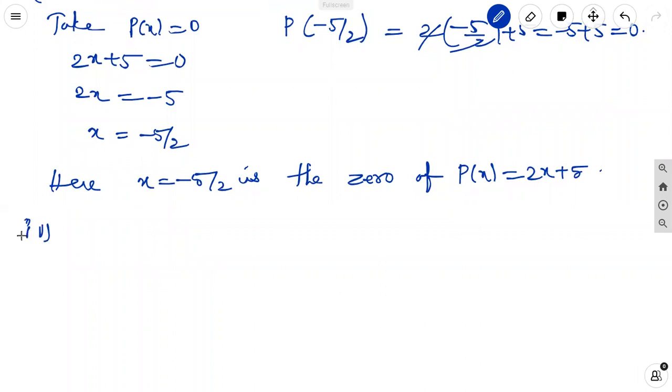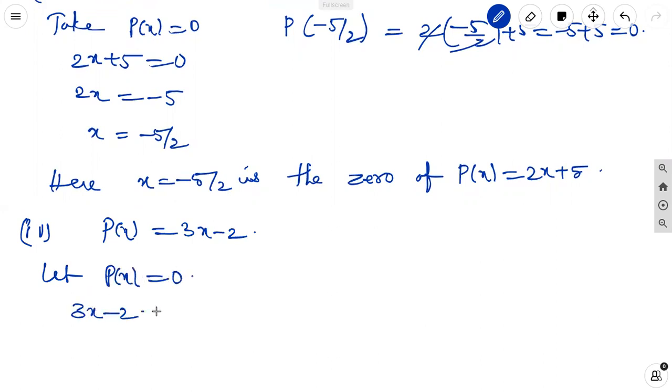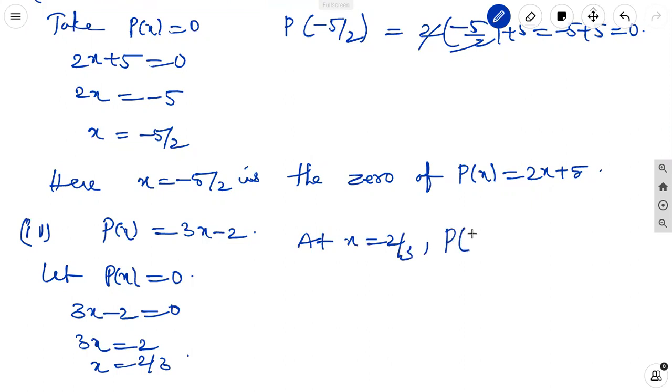Fourth one, p of x equal to 3x minus 2. Let p of x equal to 0. From this, 3x minus 2 equal to 0. 3x equal to 2. x equal to 2 by 3. At x equal to 2 by 3, p of 2 by 3 equal to 3 into 2 by 3 minus 2.